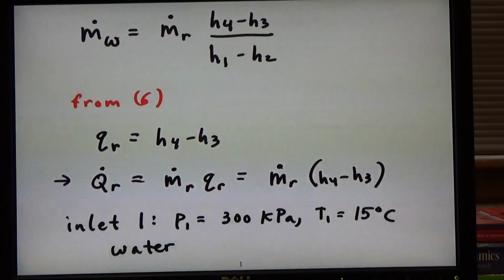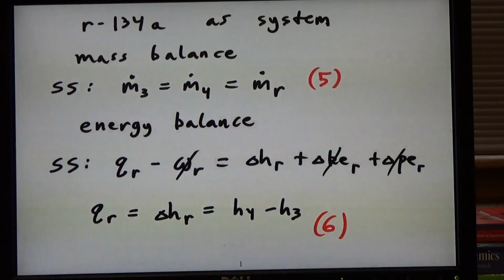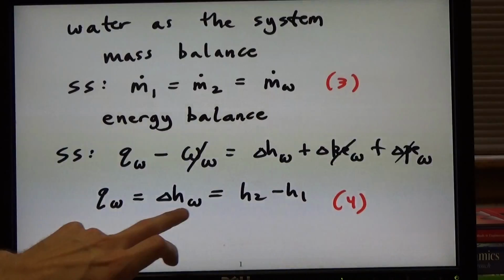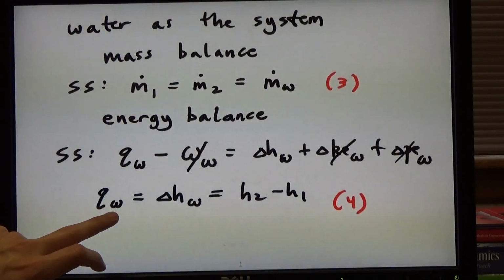Delta H of the water, from equation 4 up here, is heat transfer per unit mass to the water.